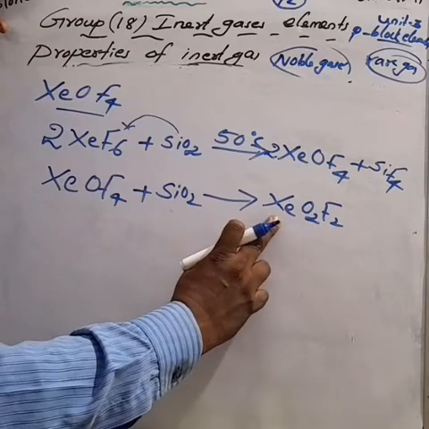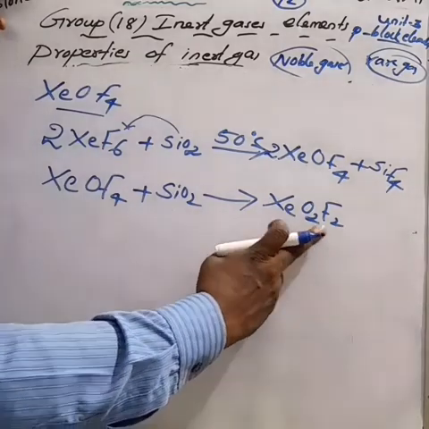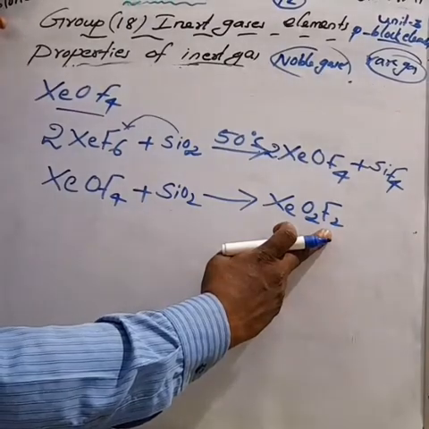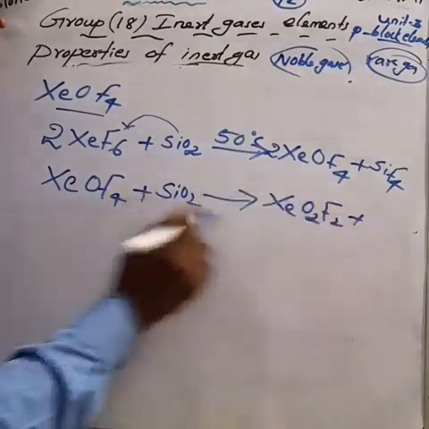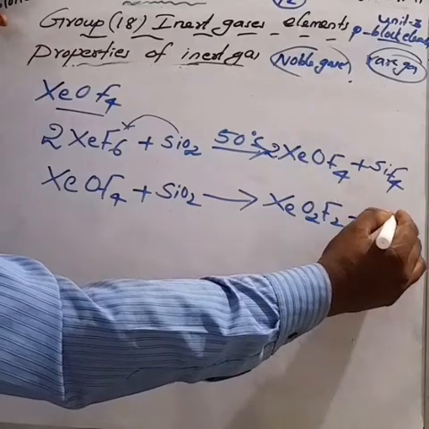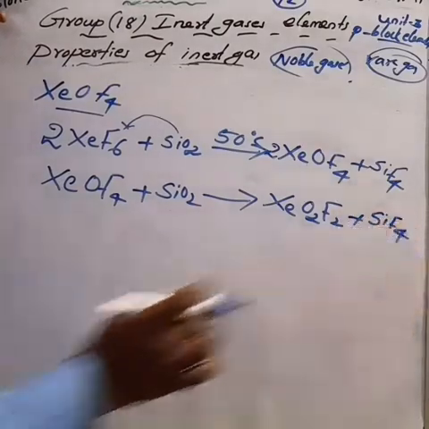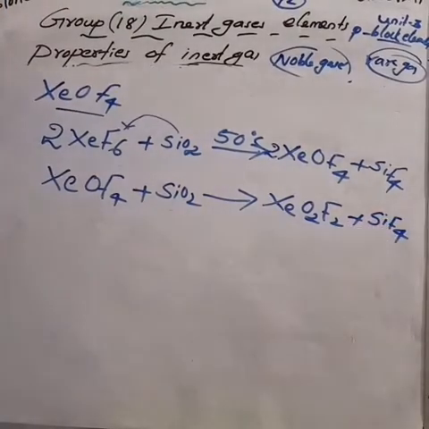What is the name? Xenon dioxide difluoride. And also the silica combines with the fluorine, we get silicon tetrafluoride, that is SiF4. So how can you balance the equation?